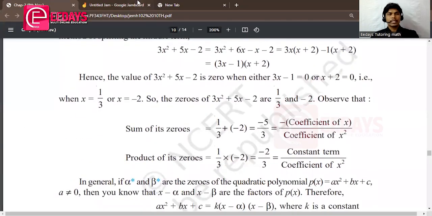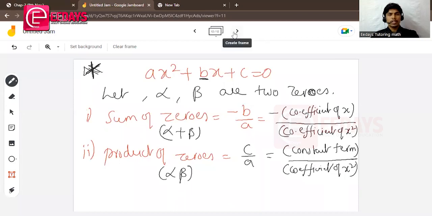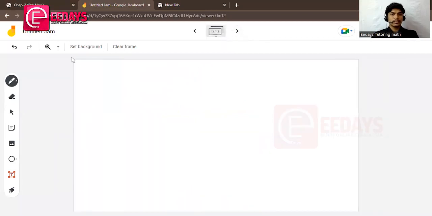Okay. Let's understand with one example. Sum of zeros is nothing but minus b by a. Let's start this. All right.